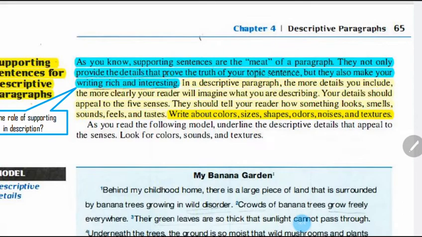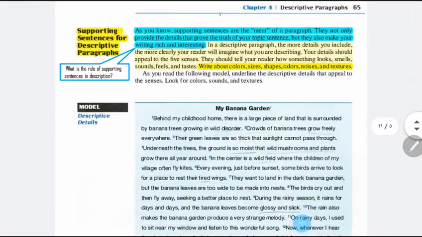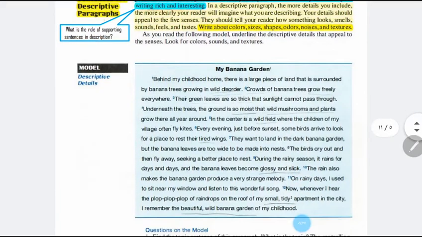You describe everything so that you can make your reader feel, taste, smell, and look. Remember always that supporting sentences are like the meat that you put in between the two pieces of bread.